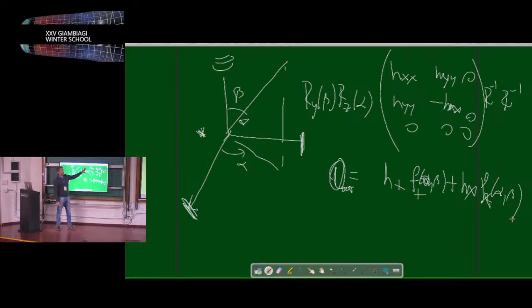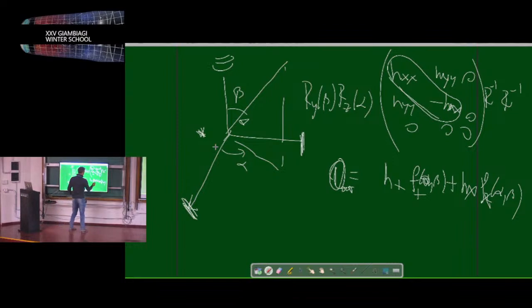You just put the matrix here, you rotate, and you check what are these two elements in the new rotated matrix. Because the detector, I kept it in the xy plane, so it keeps responding only to hxx and hyy. So in particular, hxy cannot affect the detector by symmetry. hxy never affects the detector because this polarization affects the axes x and y symmetrically, and our interferometer only measures differences between x and y.